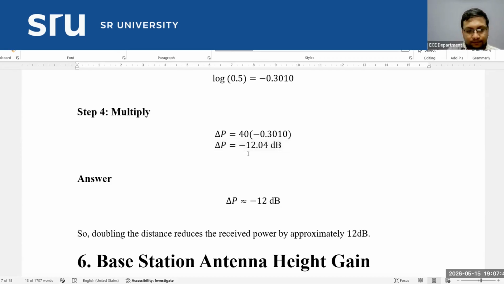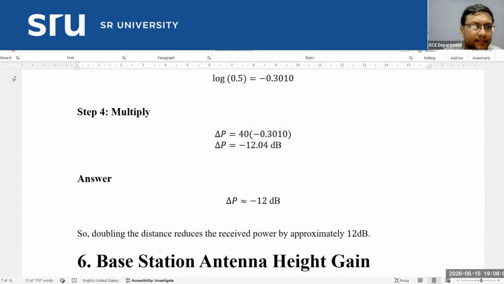It means when the distance between the transmitter and receiver is increased from 1 kilometer to 2 kilometers, the receive power decreases by 12 dB. That is the significance of this.